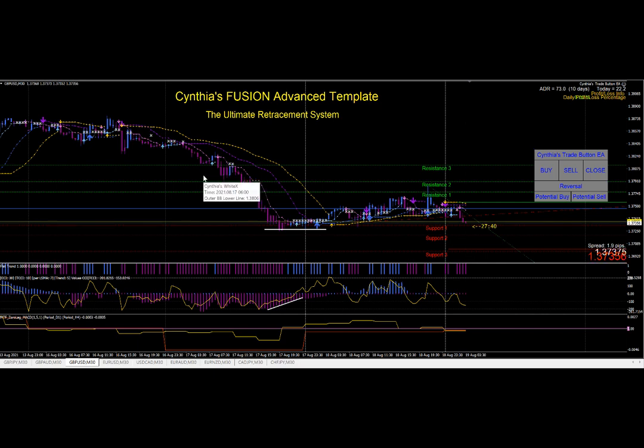So that's the beauty of this retracement system, with all of the indicators working together to give you enough information to give you a sense of confidence when you do manage to get involved in a good strong trend to play the retracements.